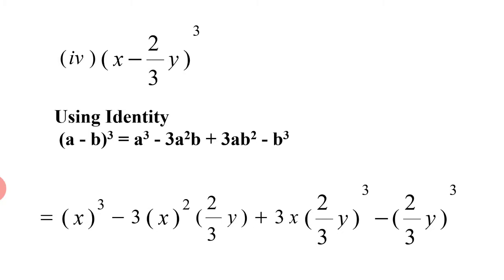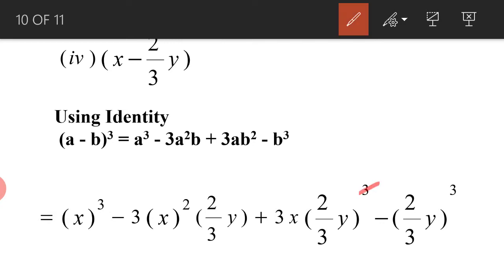So x cube minus 3x square (2 by 3 y) and then 3x (2 by 3 y) square it should be, and then minus (2 by 3 y) cube. So here there is one correction, children, and you make that here it should be 2. Is it clear? So now cancellation, 3 will cancel each other.